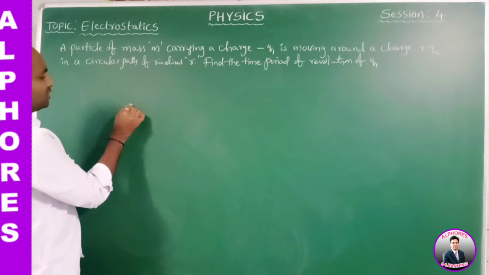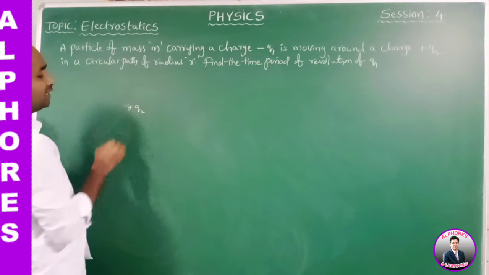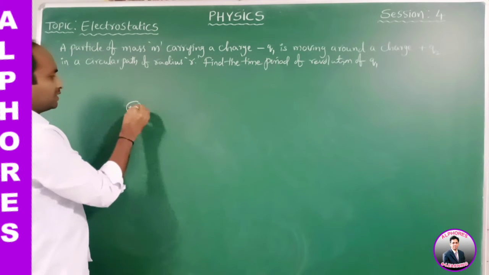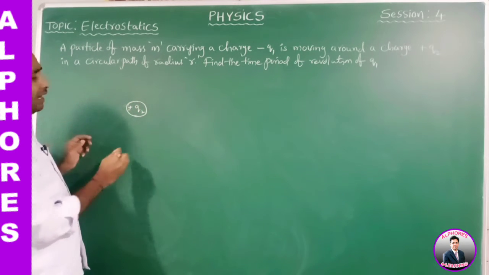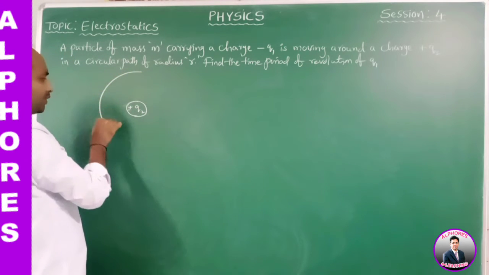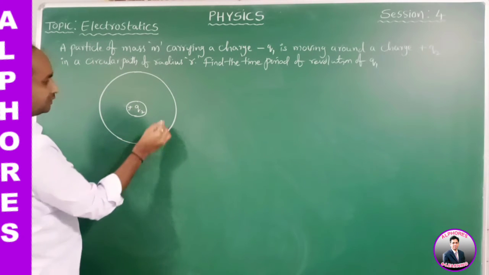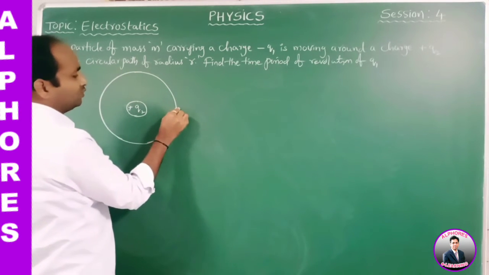So a positive charge plus q2 is there at the center of the circular path, and a negative charge is revolving in the circular path. Here this is minus q1.